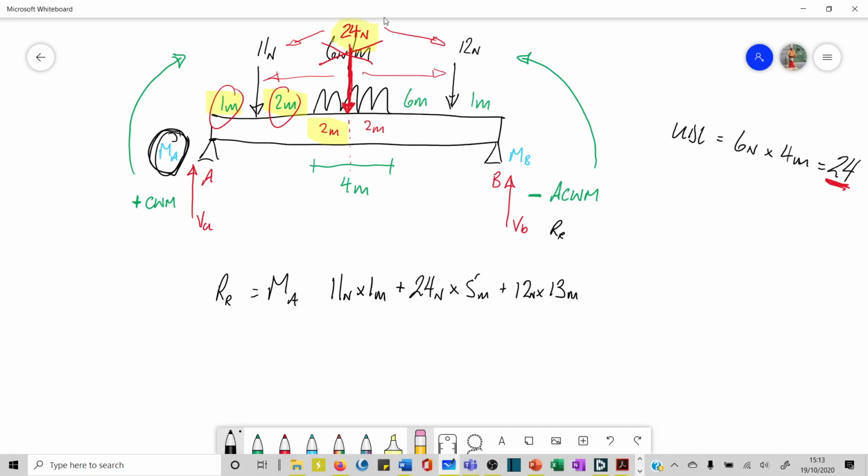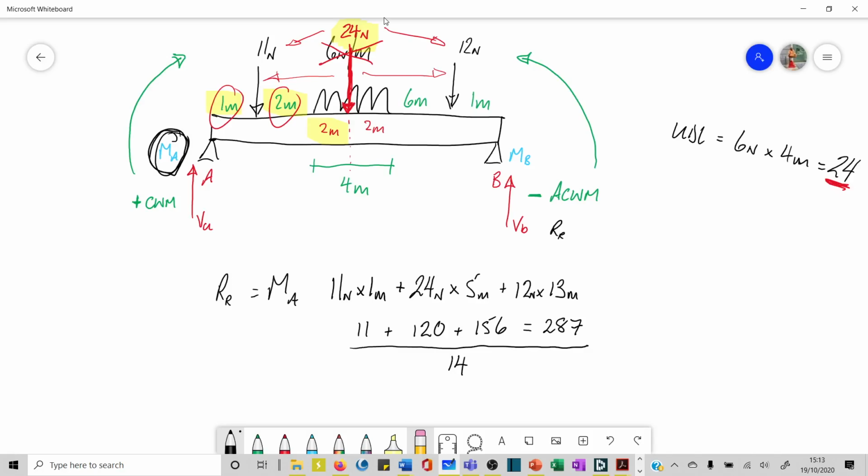Then we can say 11 times 1 is 11, plus 24 times 5, which is 120, plus 12 times 13, which is 156. That equals 287, and we divide that by the span, which is 1, 7, 9, 11, 13, 14.